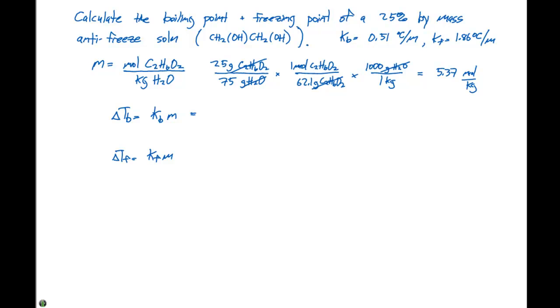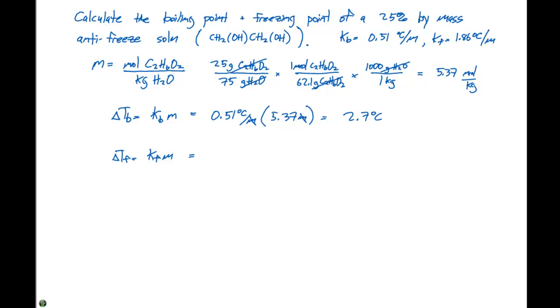So all we need to do here is put in our values that we've been given in this particular problem. The Kb is going to be 0.51 degrees Celsius per mole, and our molality we know is 5.37 mole. That gets rid of these two guys, and our change in temperature in terms of the boiling point is going to be 2.7 degrees Celsius.